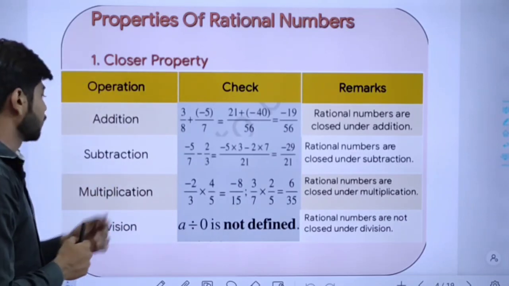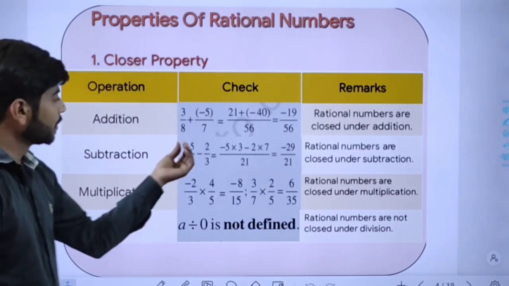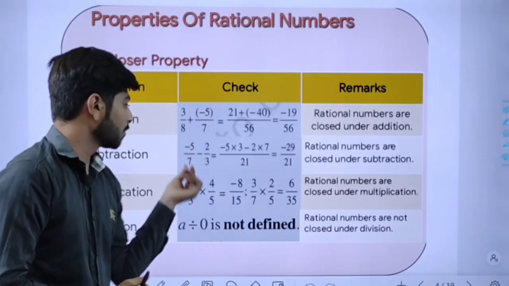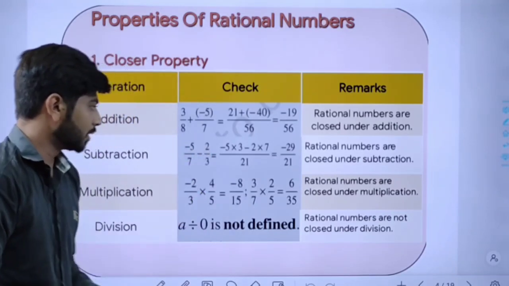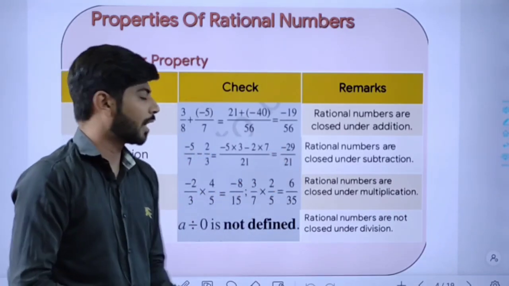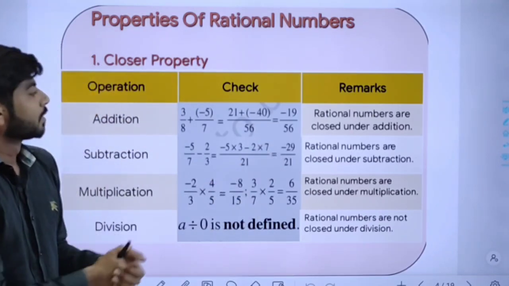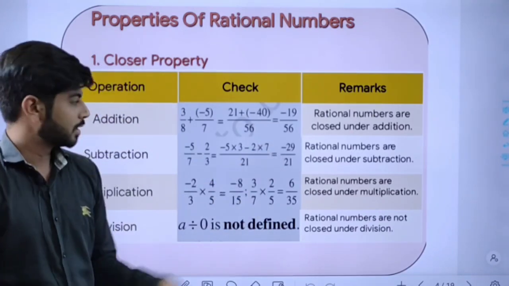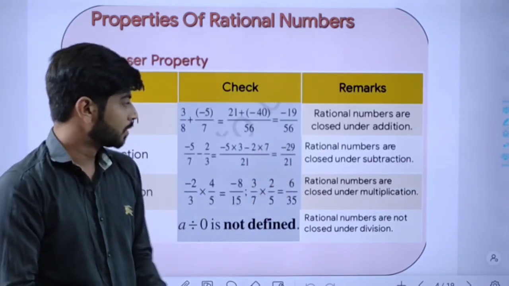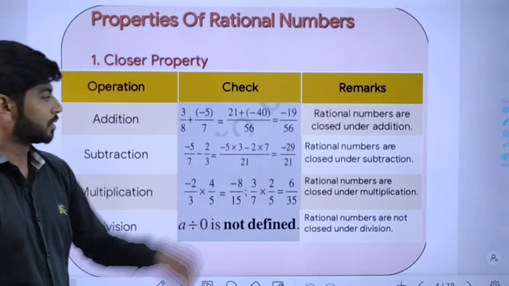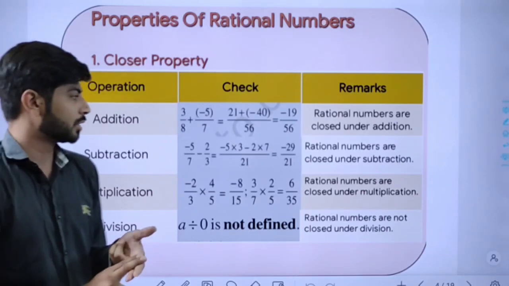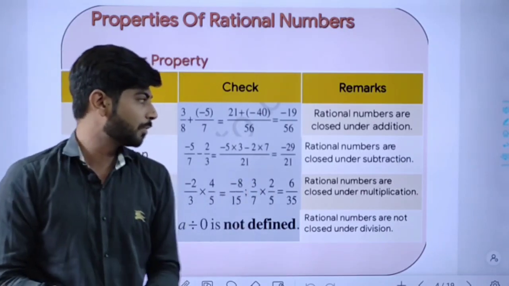Similarly, we will check for subtraction. We will take one example, minus 5 upon 7 minus 2 upon 3. We will get minus 29 upon 21. So is it a rational number? Yes, it is also in P upon Q form. So we can say this is a rational number. If we subtract two rational numbers, we will also get a rational number.